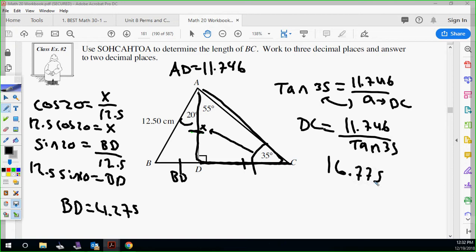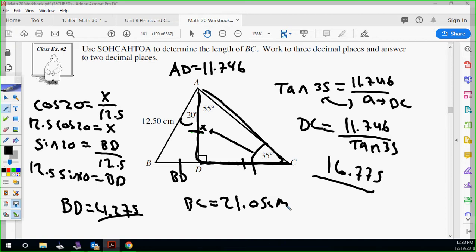So the length of BC is that plus this. These two things added together is what BC is. So BC is 21.05, and it was in centimeters. Okay? All right, any questions on that?